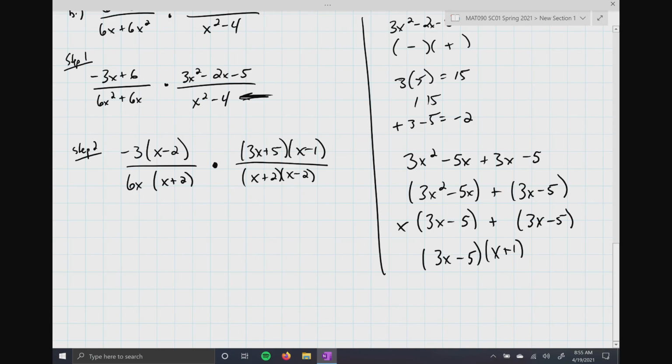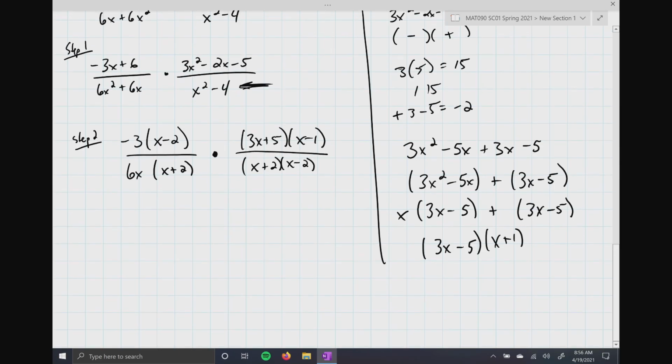So, if I can give you any advice on doing this, it's going to be all about factoring. You got to factor everything. All right? Are there any questions so far? All right. So, step 3.